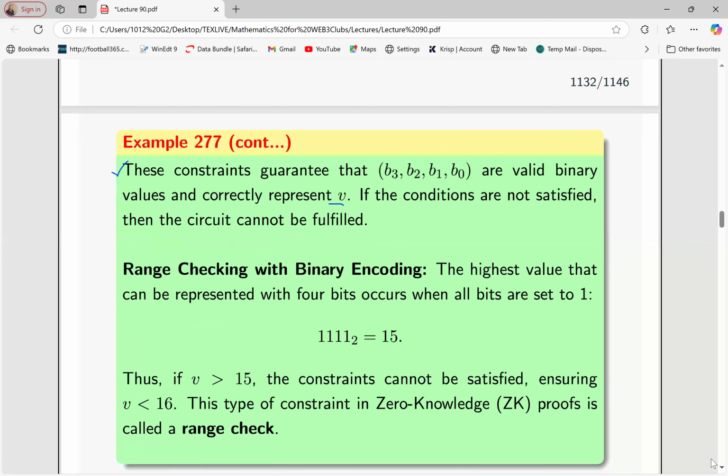Now, why is this important? We say it is important in cryptography, because in cryptography you have the prover and the verifier.